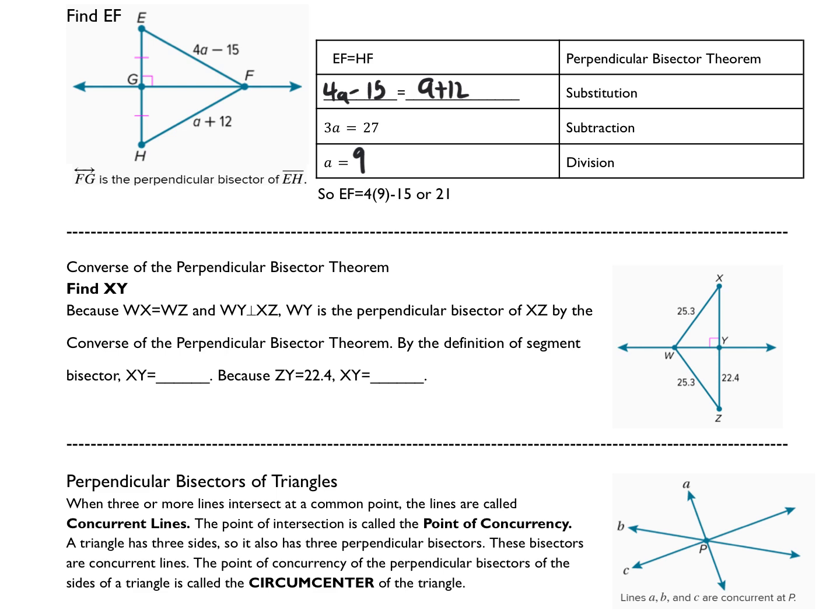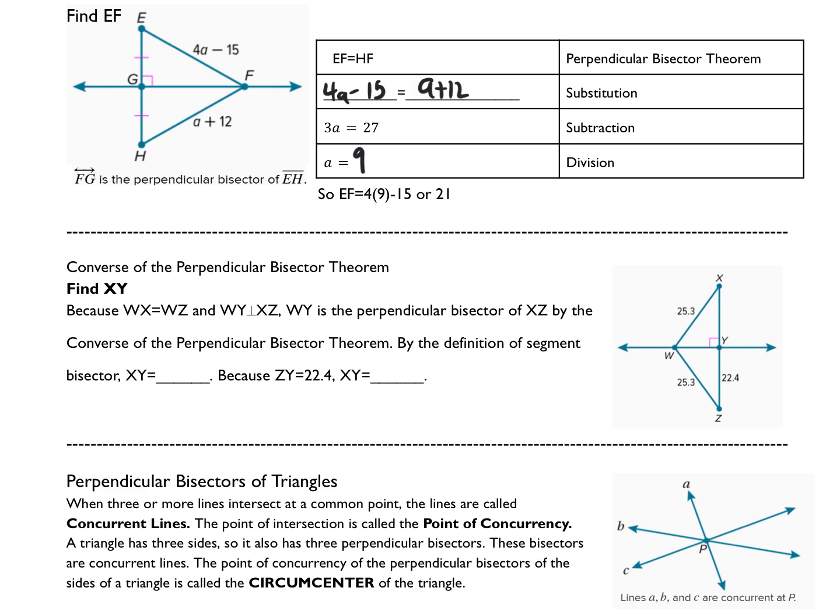So next we're asked to find XY. Because WX is equal to WZ, you see they're both 25.3 units long, and WY is perpendicular to XZ, WY is the perpendicular bisector of XZ. And we would say that's because of the converse of the perpendicular bisector theorem.